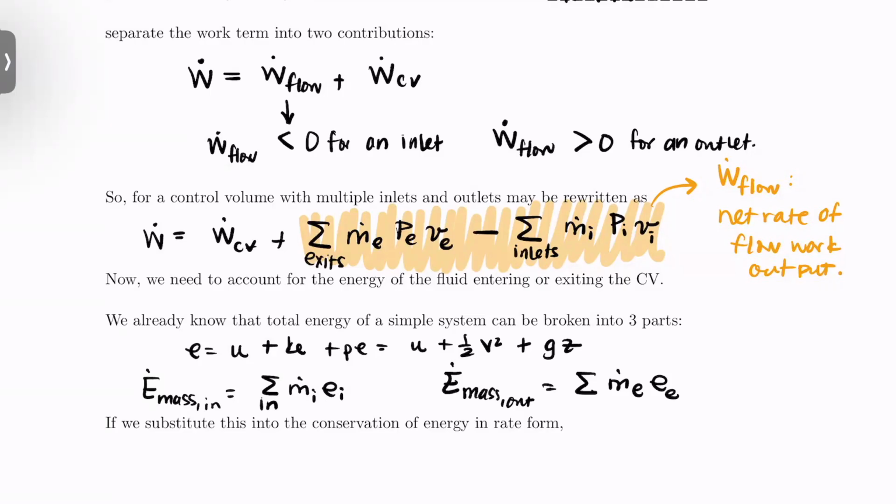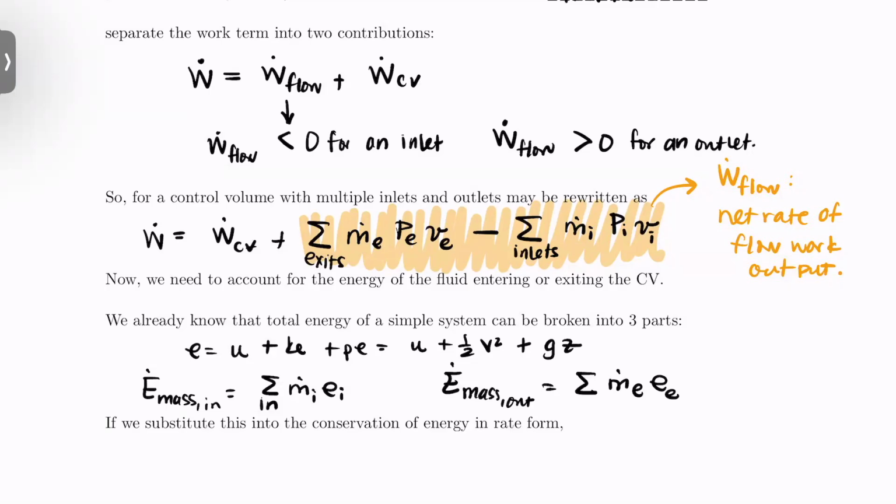Essentially what we're saying is that mass contains energy just in the same way that our simple system in a closed system contained energy. So it will have internal energy, potentially kinetic energy, and also potential energy. It still has those three categories of energy we were used to, but it's flowing in, so we pick up our m dot term.